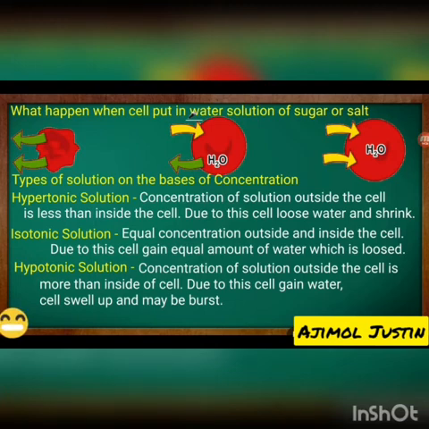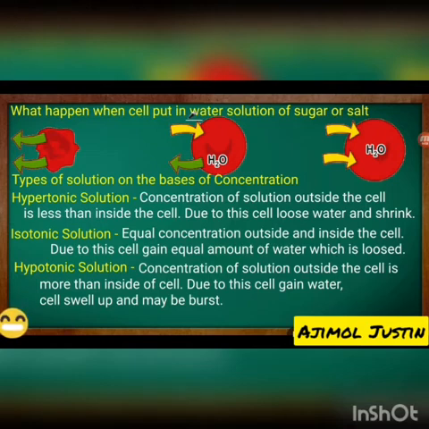Now the third condition, hypotonic solution. When I place a cell inside the hypotonic solution, the cell has less water as compared to that of the solution. So what happens?